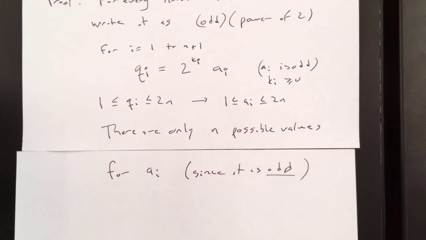Wait a minute. My numbers q are the pigeons. The pigeonholes are the a values. How many numbers did I select? n plus 1. I have n plus 1 pigeons, and I have n pigeonholes. What does that mean?